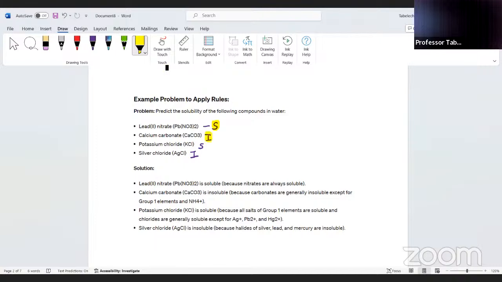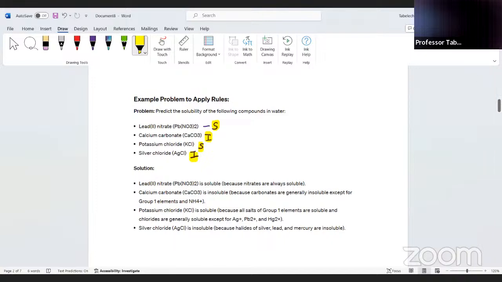Potassium chloride is soluble because all salts of group 1 are soluble, and chlorides too, unless paired with silver, lead, or mercury. And silver chloride is insoluble because halides of silver, lead, and mercury are insoluble. So we got all 4 correct.